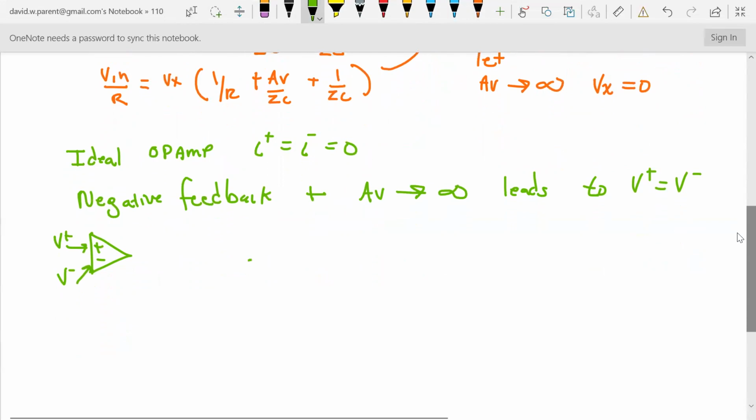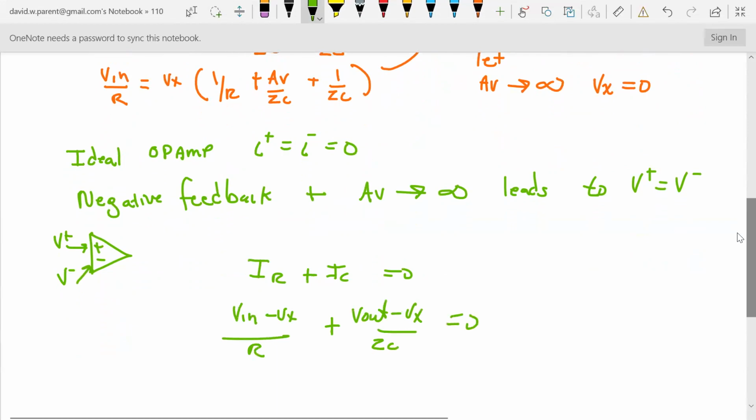So now let's go back to, we had IR plus IC equaled 0. We had Vin minus Vx divided by R, plus Vout minus Vx divided by ZC equals 0. Well, these two are equal, right?